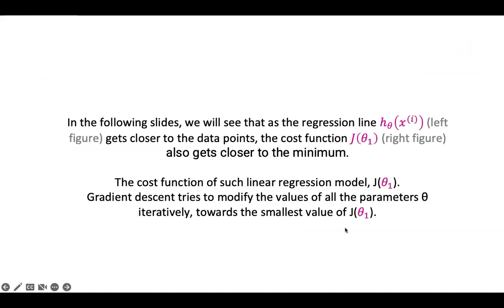Now, in the following slides, we will see that as the regression line gets closer to the data points, the cost function also gets closer to the minimum. So this is the cost function of such a linear regression model, j of theta 1. Gradient descent tries to modify the values of the parameter theta iteratively towards the smallest value of the cost function j of theta.